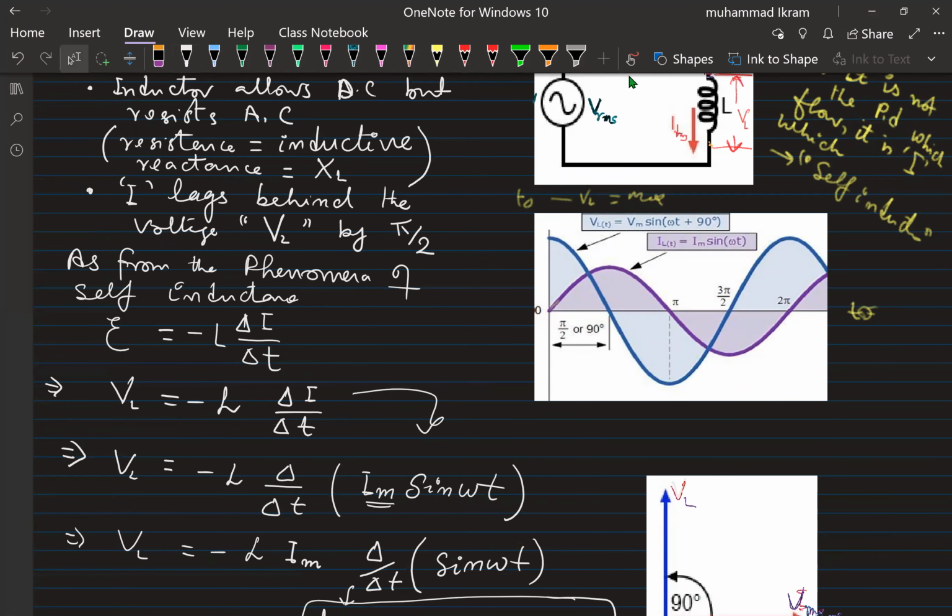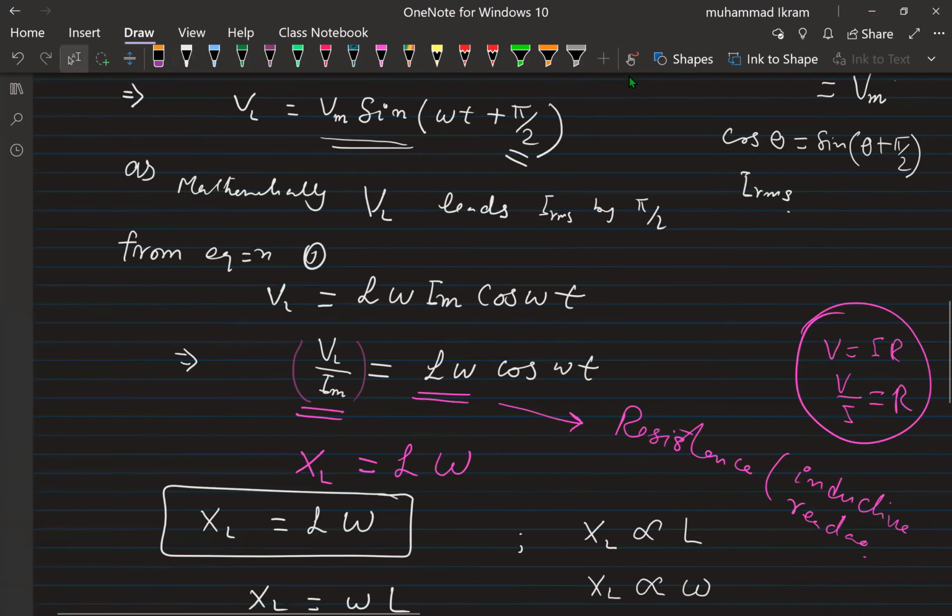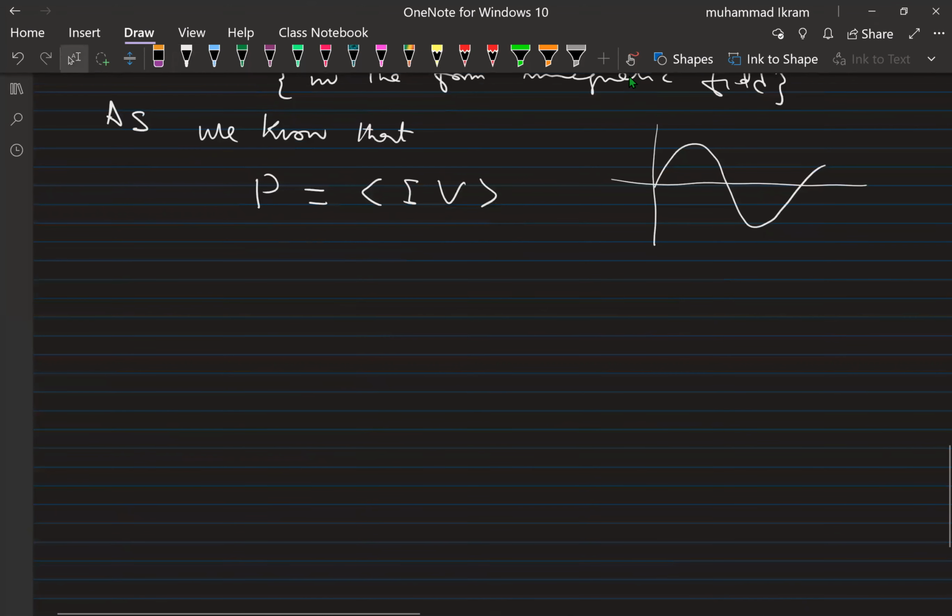Clear? Since there is lag and lead, for the pure inductive circuit, during the first 90 degrees of the cycle, the voltage is positive and the current is negative. Therefore, the power loss is negative.